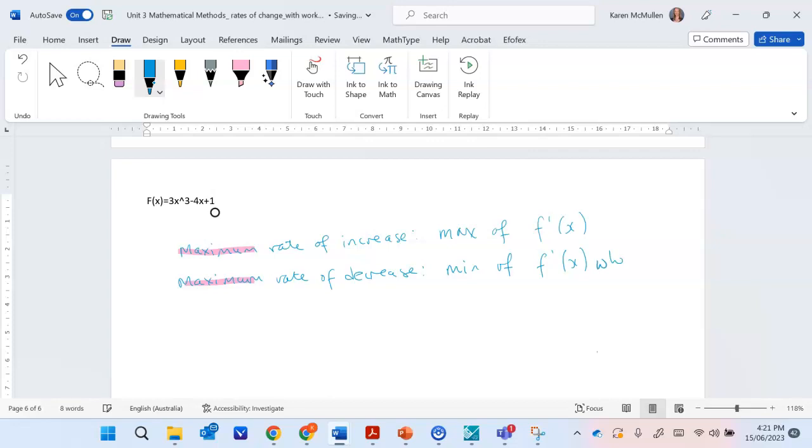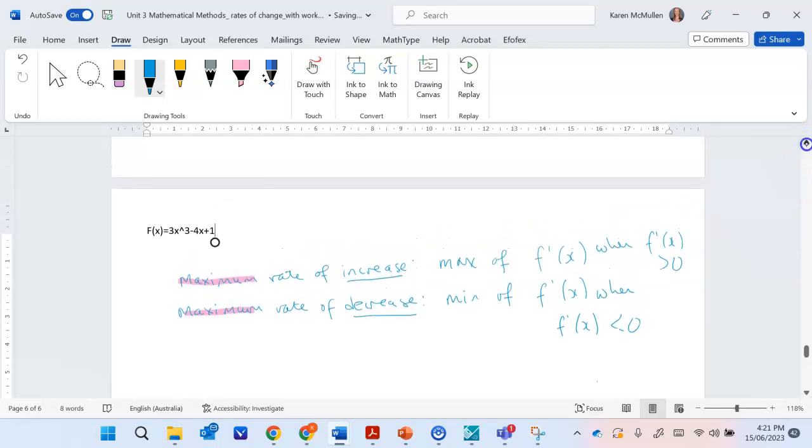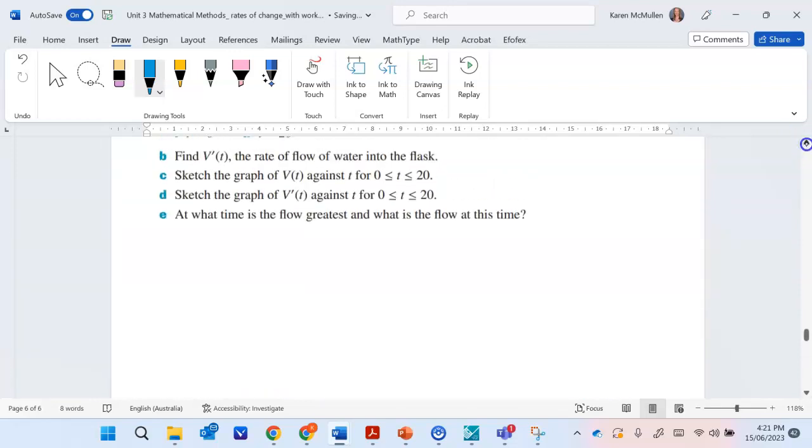So when f dash x is less than 0 and when f dash x is greater than 0. Because when it's greater than 0, we have an increase. When it's less than 0, we have a decrease. All right, let's go back to this example.